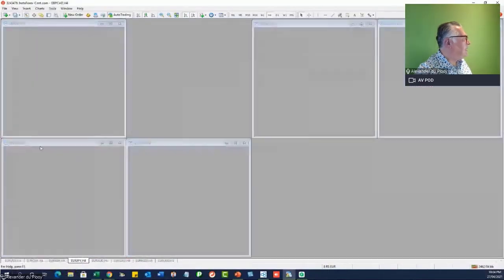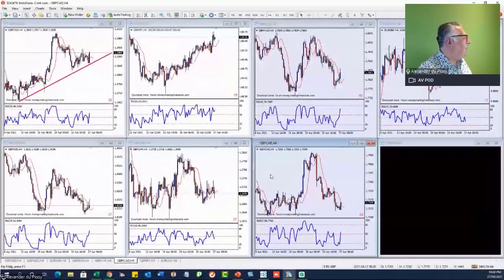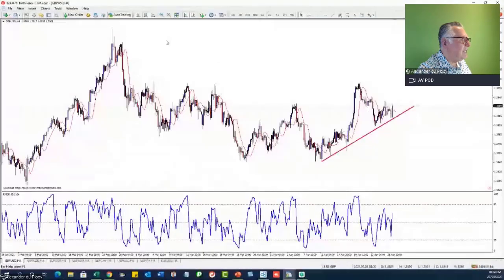The pound is the next one, so there's a lot more moves happening now. The pound was looking like it was breaking out of this. You see there was a nice support area, a head and shoulders almost type of movement there. But now, in fact, it is making a buy signal.